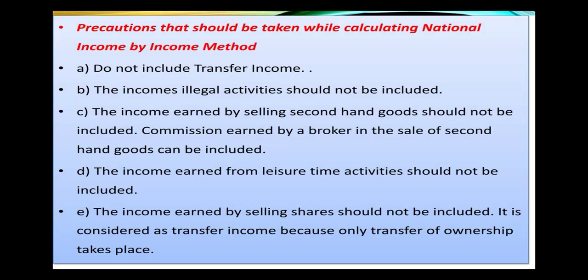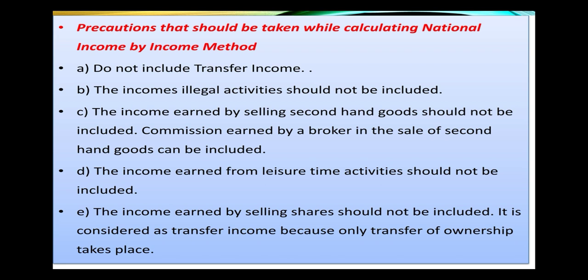Next, what precautions will we take while calculating the national income by the income method. Do not include transfer income, that you already know. Transfer income is not added in the national income. The incomes of illegal activities should not be included. The income earned by selling second-hand goods should not be included. Commission earned by the broker in the sale of second-hand goods can be included.